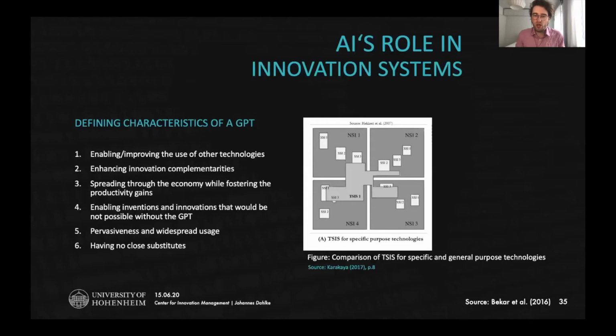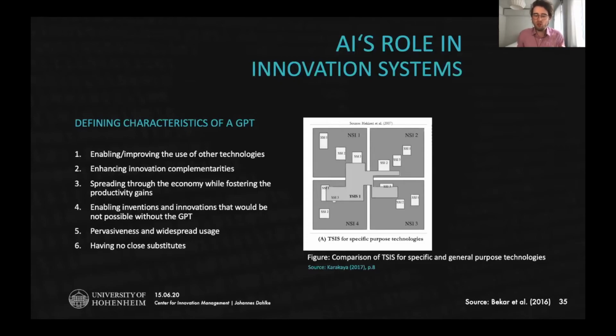And it also interacts with different kinds of sectoral innovation systems. So for example, for a solar panel to be built, you need microchips, you need other technological components that stem from a different sector, right? So we see some interconnections here of a non-GPT, just a specific purpose technology, being connected to different national innovation systems and sectoral innovation systems.